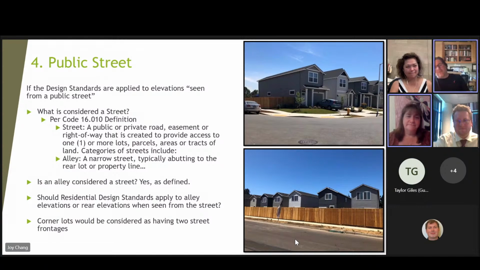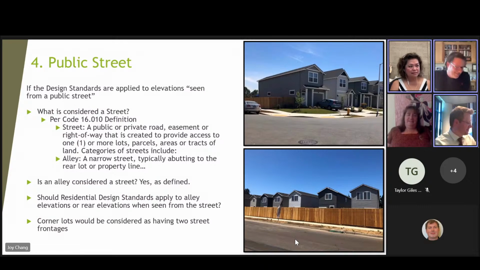Wouldn't that be an architectural feature? Yes, there you go. Diamonds. I like the concept.